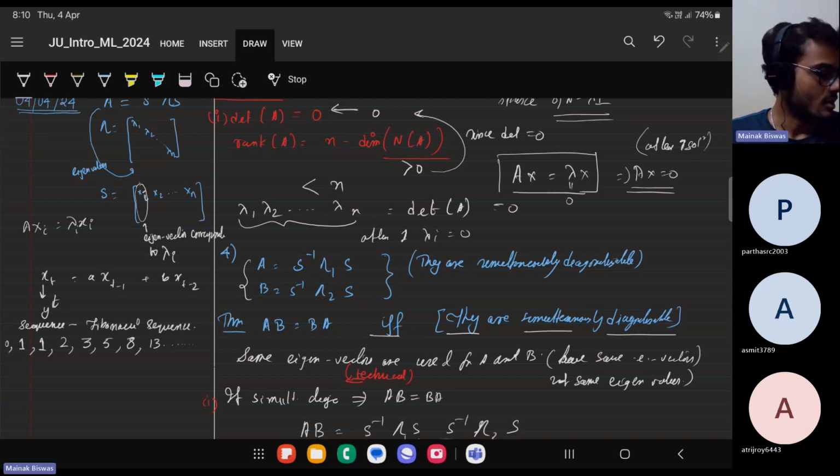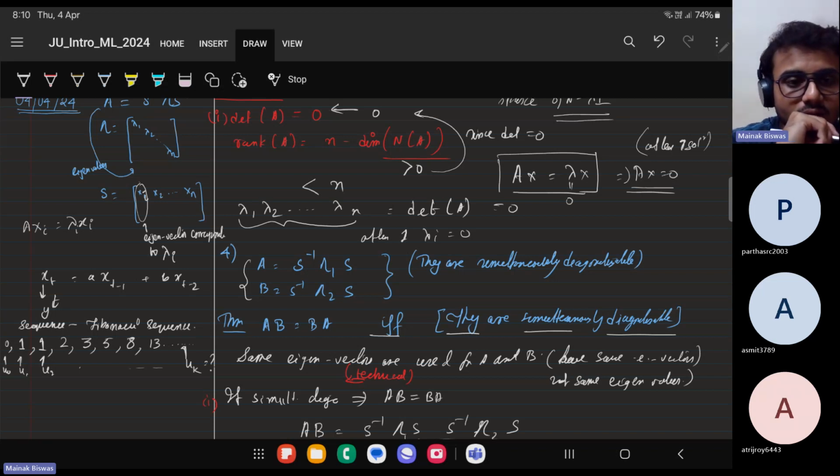Now, if I tell you to find the kth element of this Fibonacci sequence, u0, u1, u2, ..., uk, what would you do?